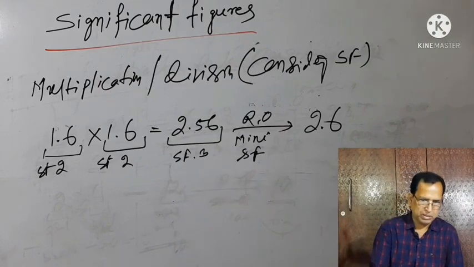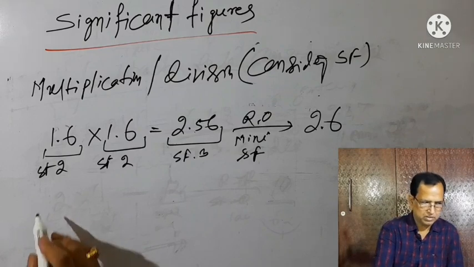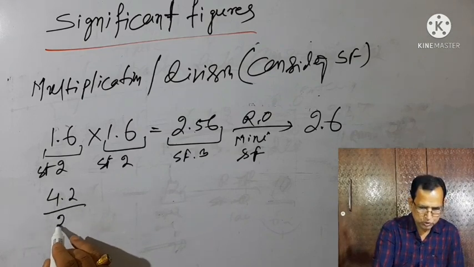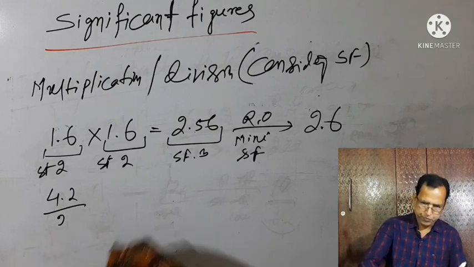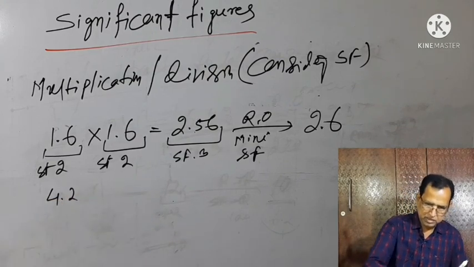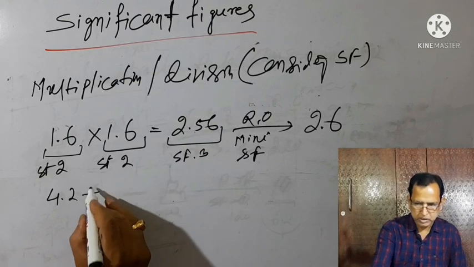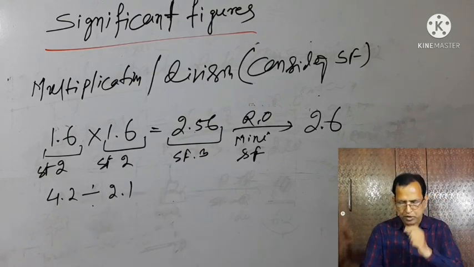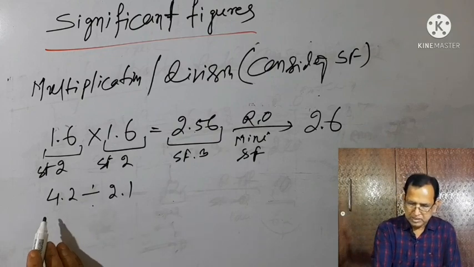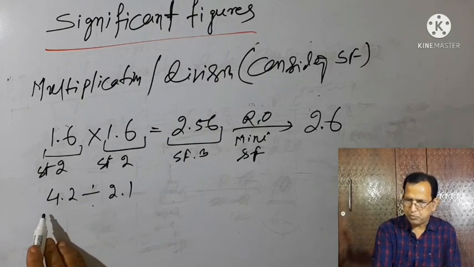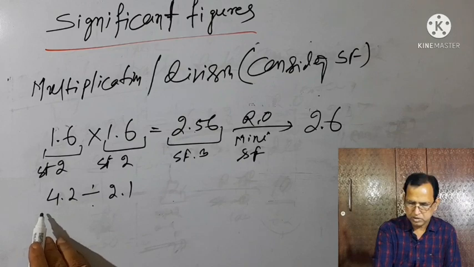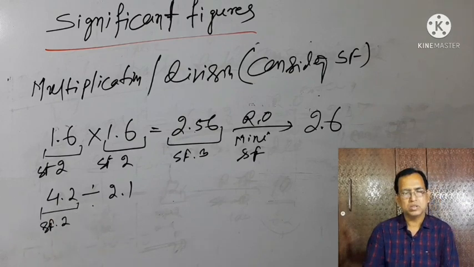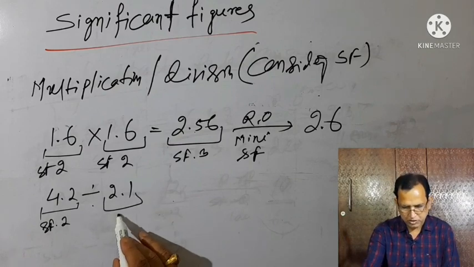Okay. Another example for division. 4.2 divided by 2.1. For 4.2, the significant figures are 2. 2.1 is also 2.